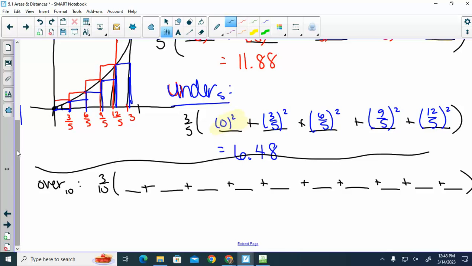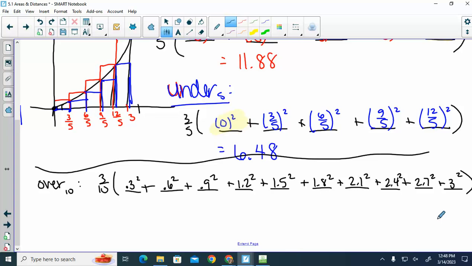If we're going up by 3/10, can we do decimals? That might be easier. 0.3. So the first one we plug in 0.3 squared. And then we're just adding 3/10 each time. So 0.6 squared, 0.9 squared, 1.2 squared, 1.5 squared, 1.8 squared, 2.1 squared, 2.4 squared, 2.7 squared, and my last one is 3 squared, which is where it should end because that's my end point.